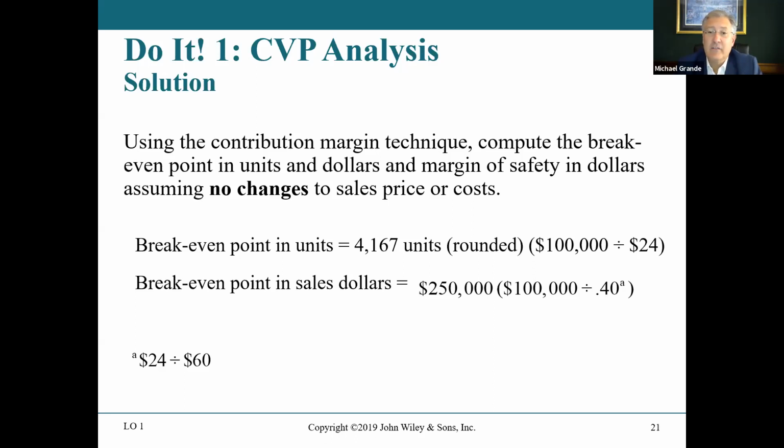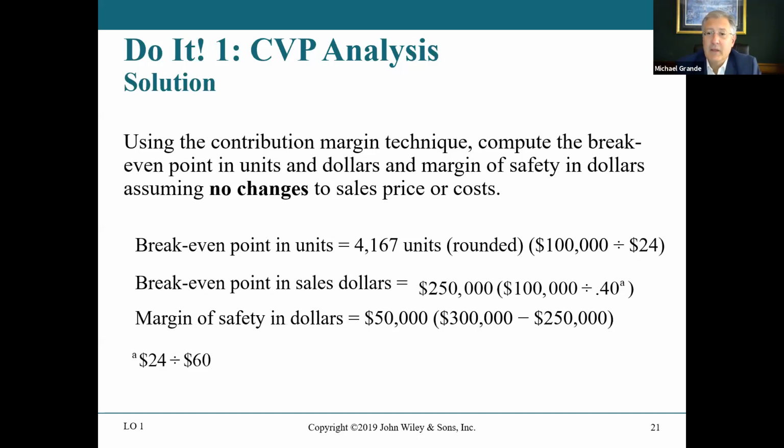So again, it's $250,000. It's the $100,000 in fixed cost divided by the contribution margin ratio of 40%. And the margin of safety, again, actual sales minus break-even point sales, $50,000.